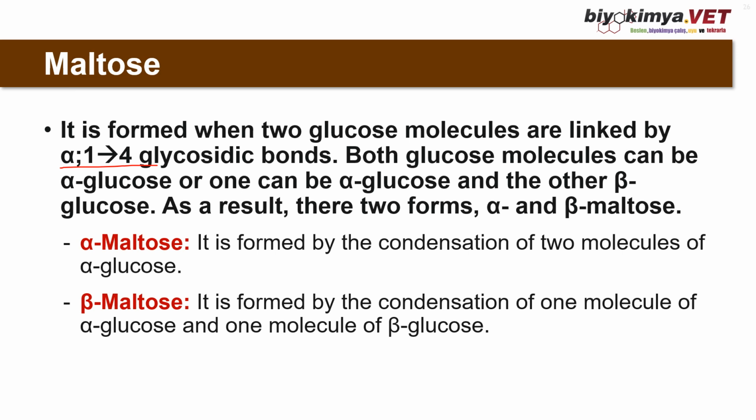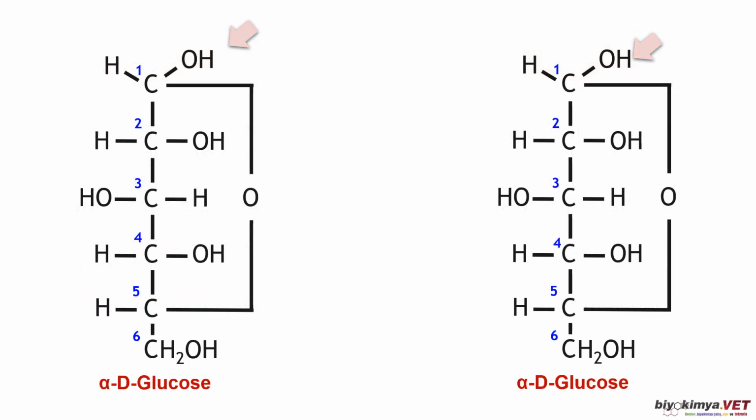So the difference in glucose anomer creates the beta maltose. But in both maltoses, the bonding pattern is the same, alpha 1,4, and it has a reducing property. Let's look here.